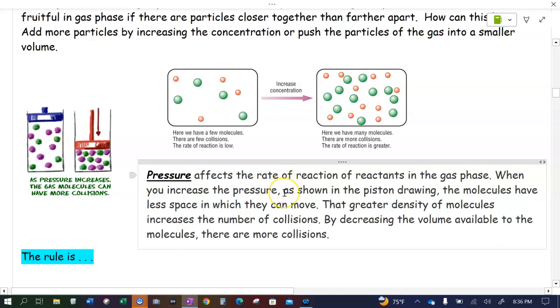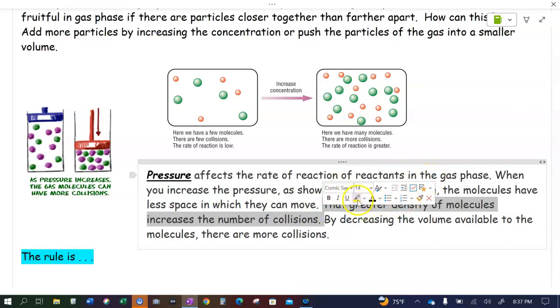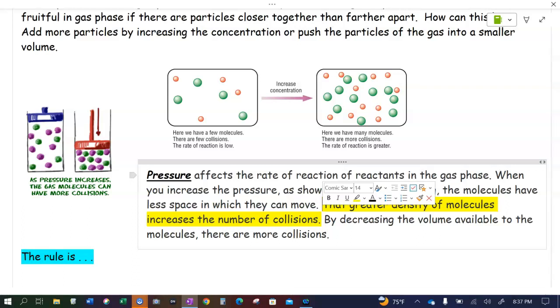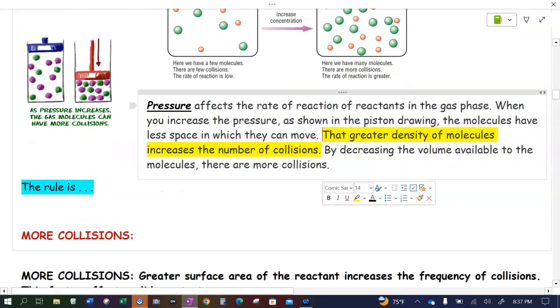So when you increase the pressure, as shown, the molecules have less space, so that greater density of molecules increases the number of collisions. Which thoroughly makes sense. So it's another crowd phenomenon, but instead of it just being more particles, we reduce the amount of space that the same particles are in. By decreasing the volume available, there are more collisions.